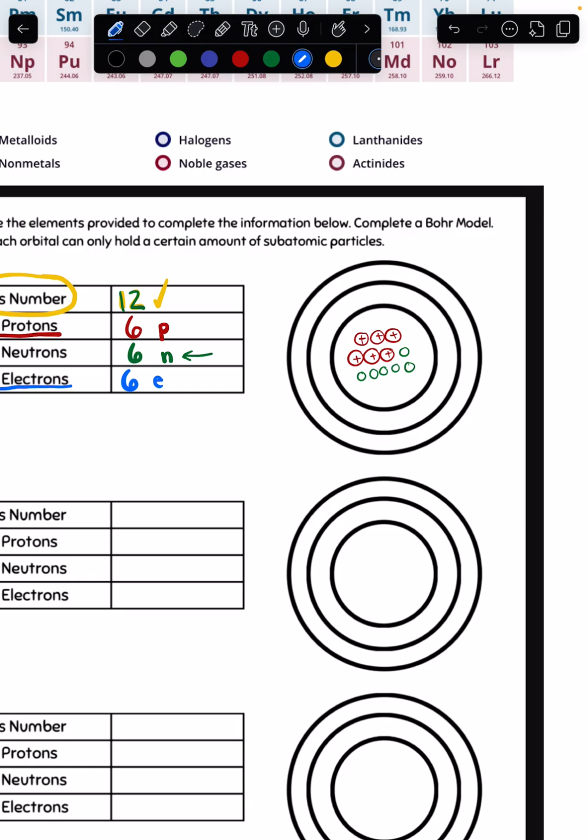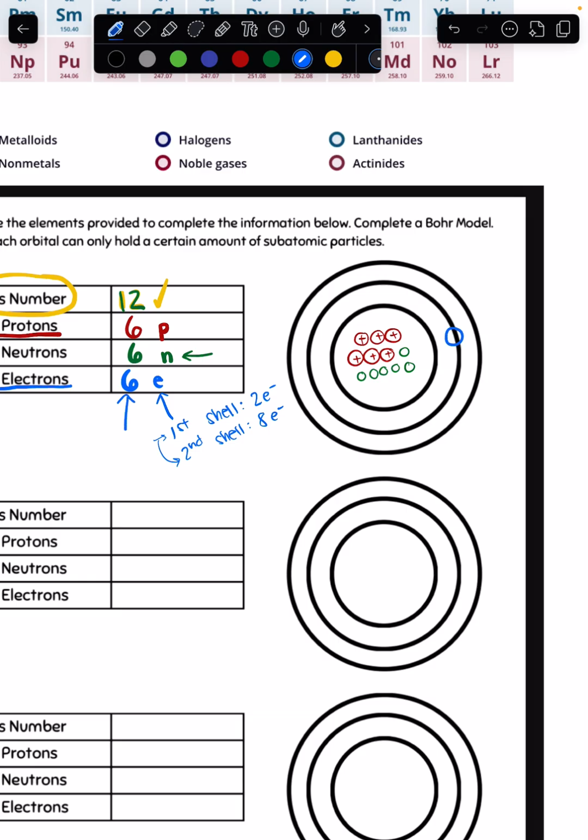When it comes to the electrons, there are some rules. The first shell, or orbital, can only hold up to 2 electrons. The second shell, or orbital, can hold up to 8 electrons. And you must fill the first shell before you fill the second shell. So since I need a total of 6 electrons, I'm going to start on the first shell.